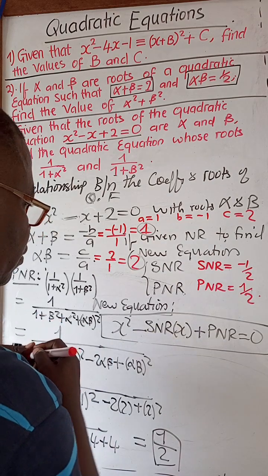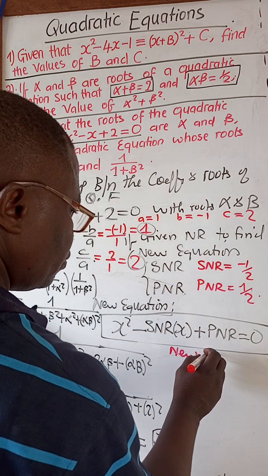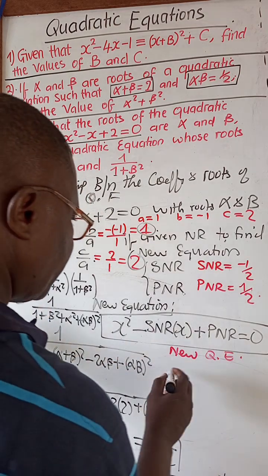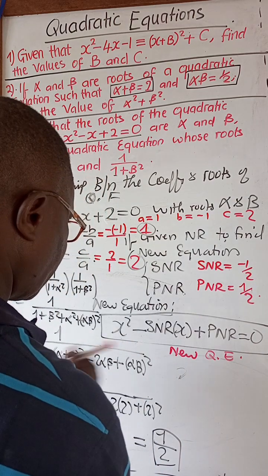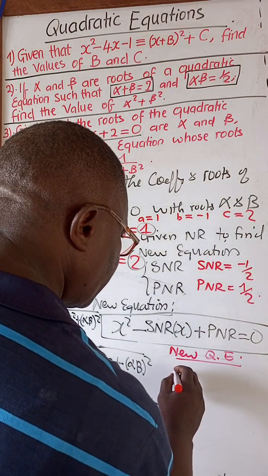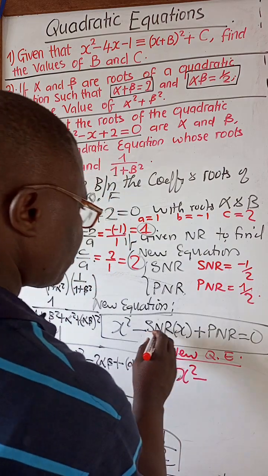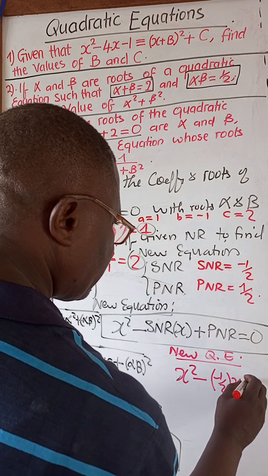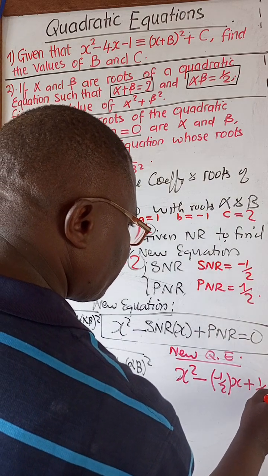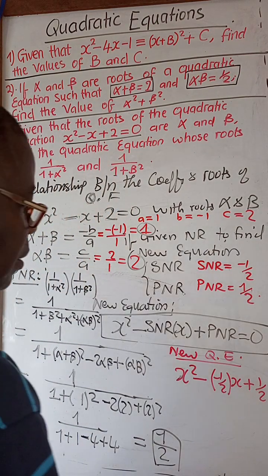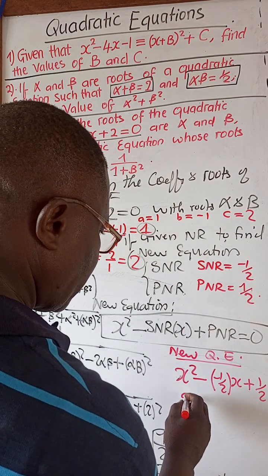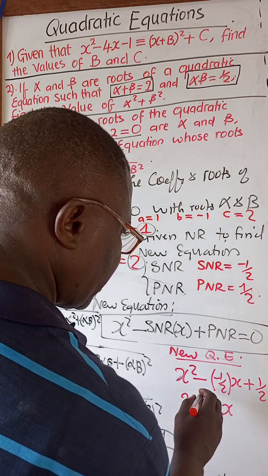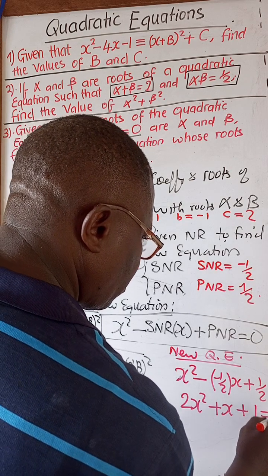So we say new quadratic equation will be x squared minus sum of new roots, negative half, multiplied by x plus product of new roots, a half, equals 0. Okay, now if we multiply all through by 2, we're going to have 2x squared minus minus gives us plus x plus 1 equals 0.